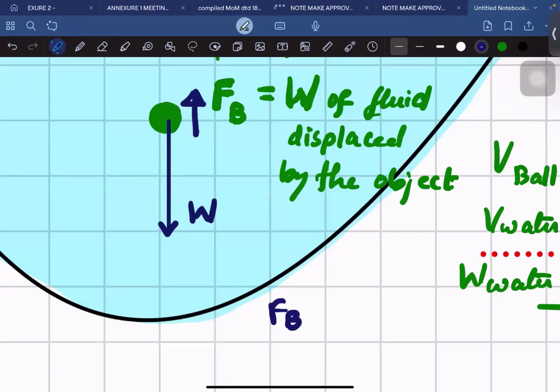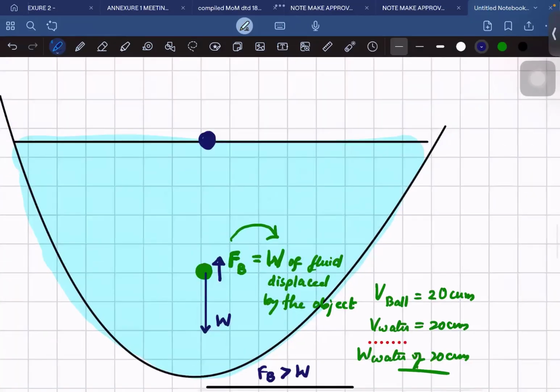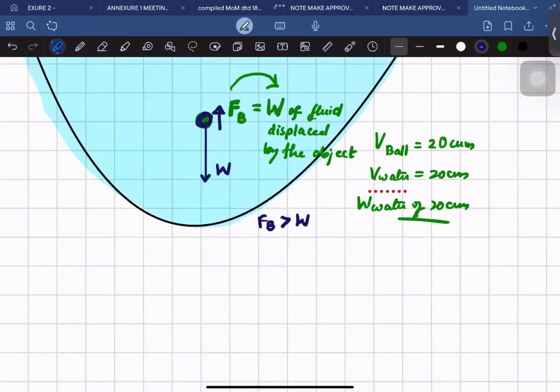If the buoyant force is very high compared to the weight, then the ball will come up. When I take a steel ball, there will be the same buoyant force, but the weight of the steel ball will be very high. That's why even though buoyant force is acting, it will fall to the bottom rather than coming up. It's a comparative game of buoyant force versus the weight of the body.